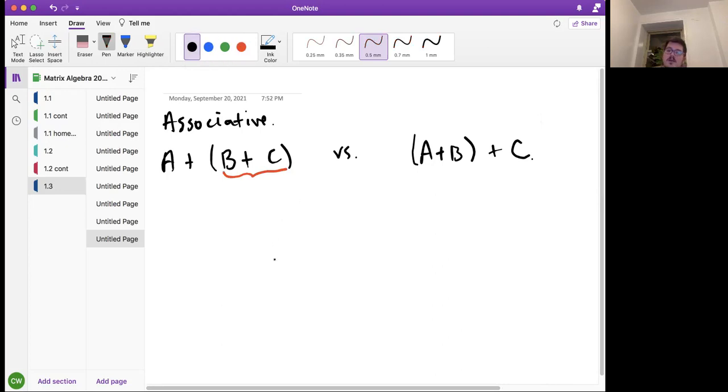Can someone say, just based on our definition? Nothing complicated here. What is the ijth coordinate of B plus C?